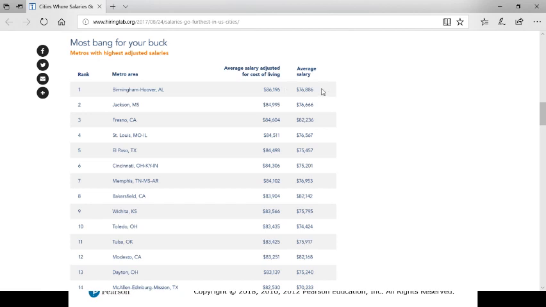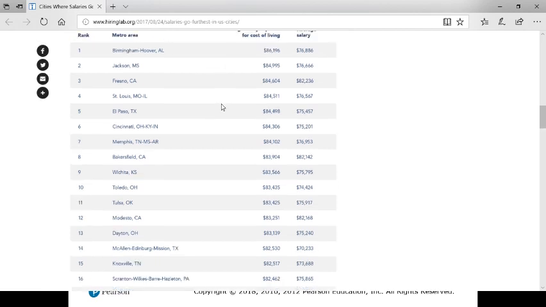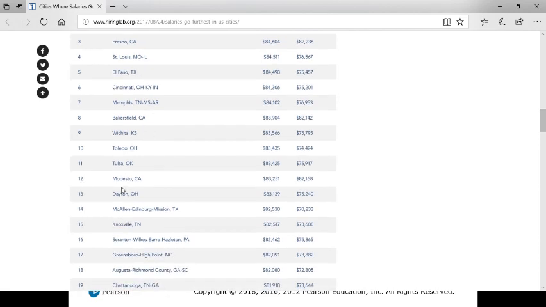So you can buy more relative to other regions of the United States with a salary at this level in this metro area. You have some other cities here from Texas, like El Paso, number 5, McAllen, Edinburg, Mission, the Rio Grande Valley, number 14, where someone who makes $70,000, because of the low cost of living, it's like if they make $82,000.